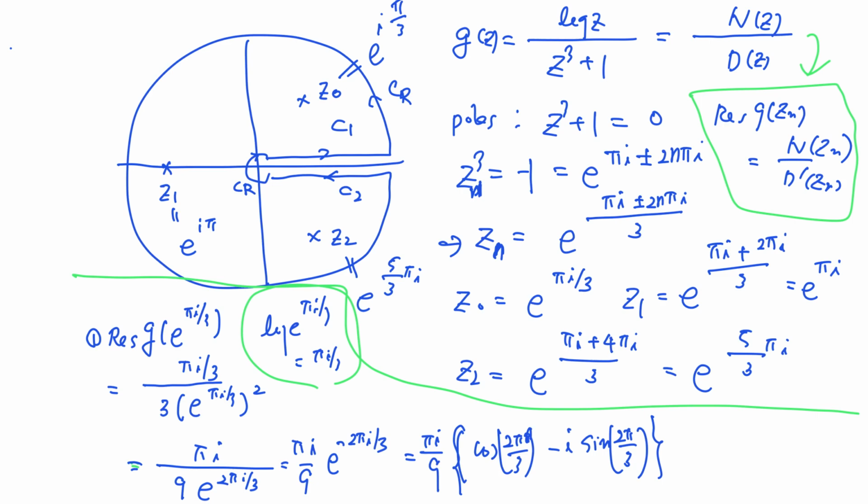So cosine 2 pi over 3 is what? Cosine of 120 degrees is minus 1/2, right? But sine is positive, so minus i root 3 over 2.